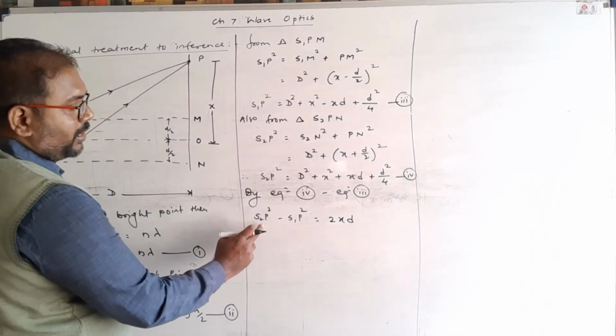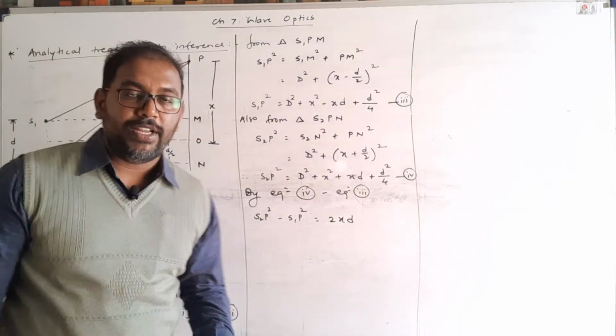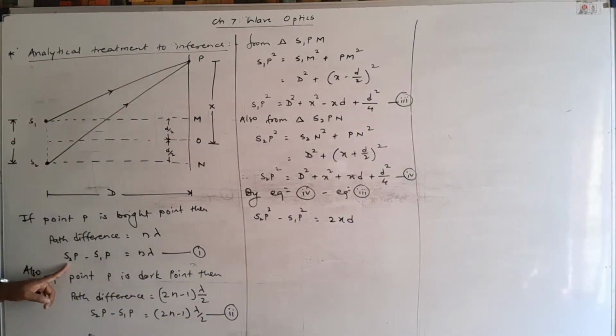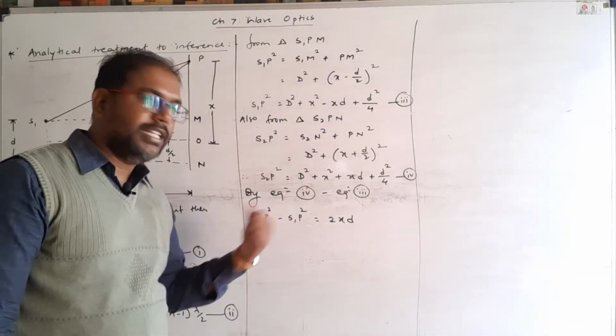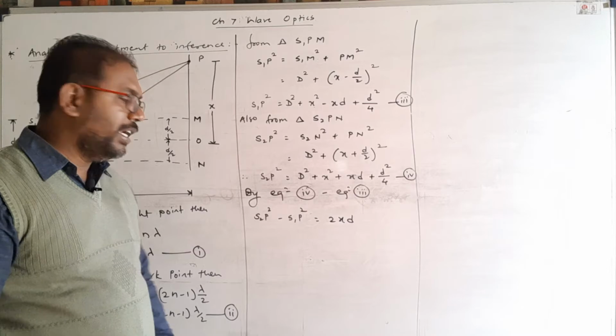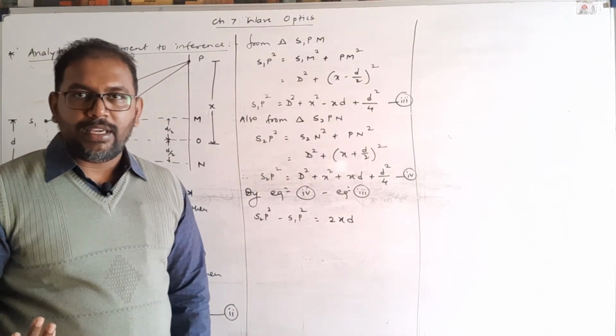Now this is S2P square minus S1P square, and what we have to find out is S2P minus S1P. So we can use here the a square minus b square formula. You know that a square minus b square is a minus b into a plus b.